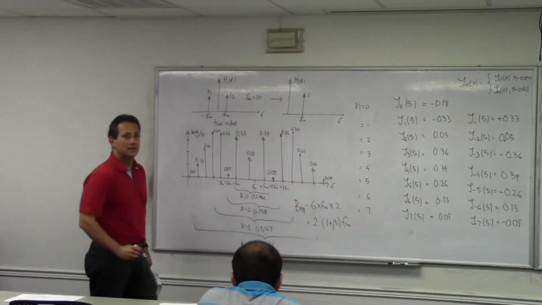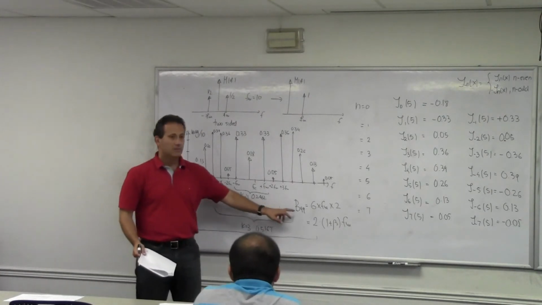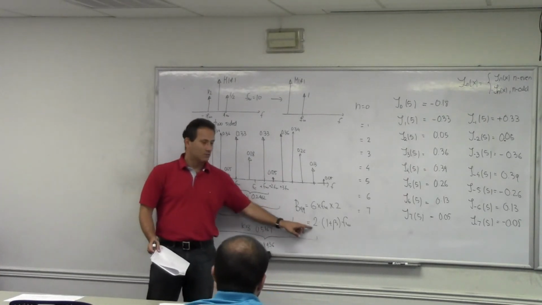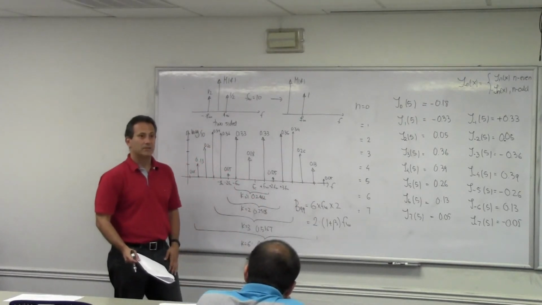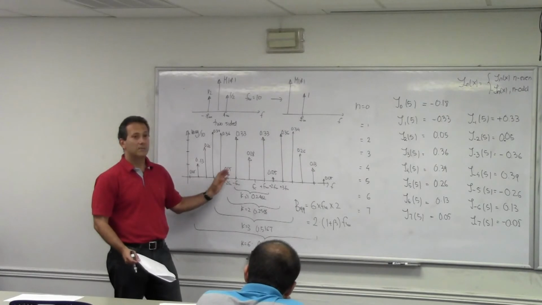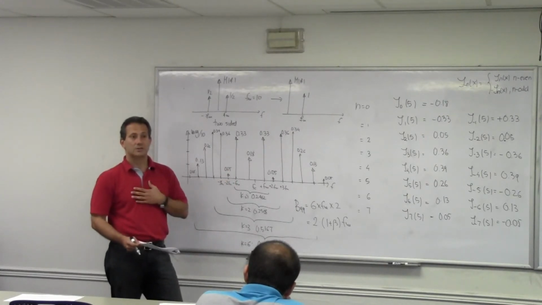Now, we haven't proved anything so far, but let's remember this expression here. B99 is 2 times 1 plus beta times Fm. So that's the bandwidth required to capture 99% of the power for this modulated signal. Any questions?